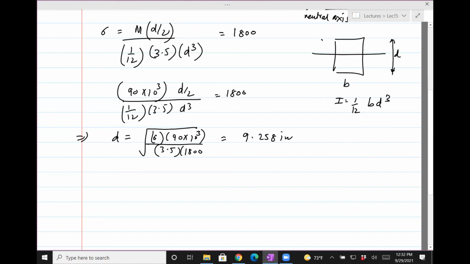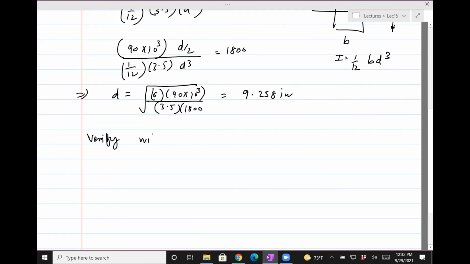We've got D. Now the second step is to verify if the shear stress criterion is met, which is that tau max should not be exceeded.